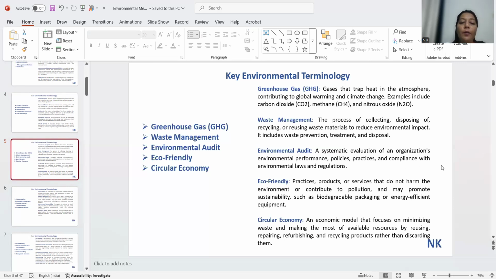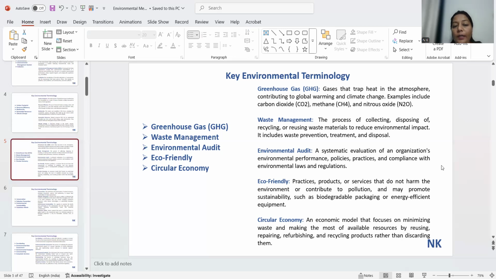Waste management is the process of collecting, disposing of, recycling, or reusing waste material to reduce environmental impact, and it includes waste prevention, treatment, and disposal.